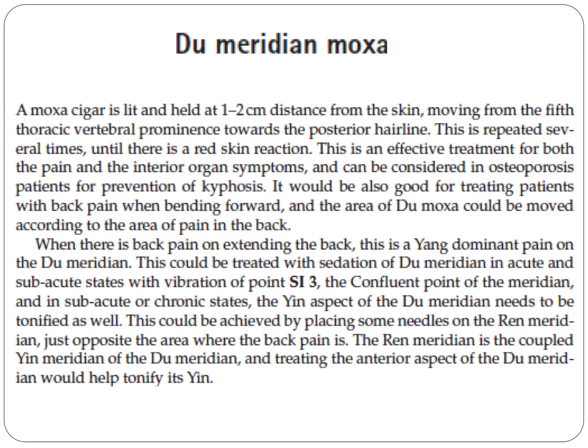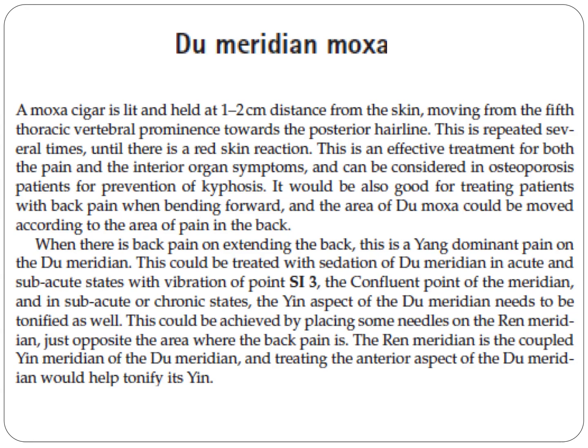This is an effective treatment for both the pain and the internal organ symptoms, and can be considered in osteoporosis patients for prevention of kyphosis. It would also be good for treating patients with back pain when bending forward, and the area of the moxa could be moved according to the area of pain in the back.